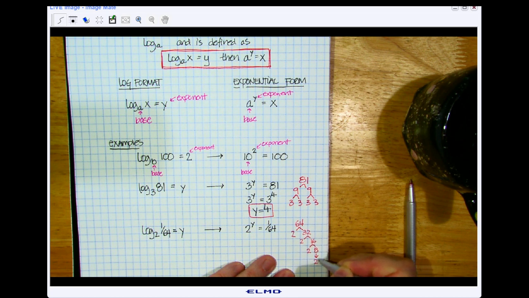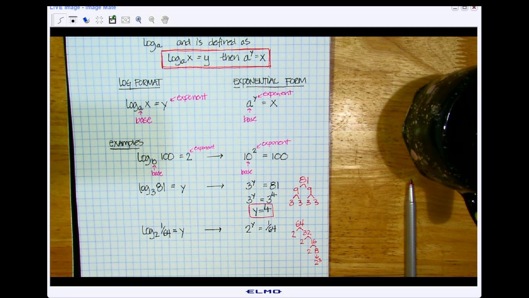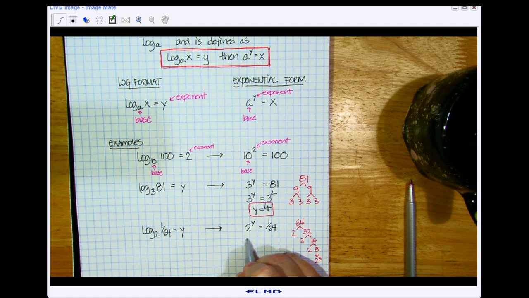And I know 8 is 2 to the third, so that's 2 to the third, fourth, 5, 6. So 2 to the y would be 1 over 2 to the 6th, or 2 to the y is 2 to the negative 6.